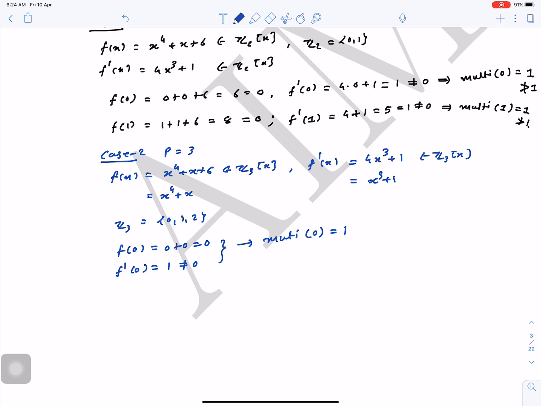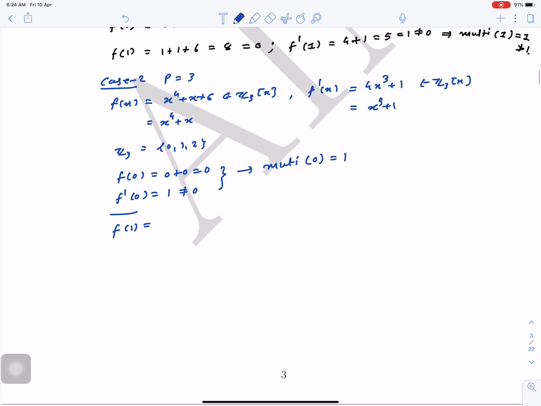Now f of 1 will be 1 plus 1, which is equal to 2, which is not equal to 0. So 1 is not a 0 of f(x), so there is no meaning to talk about the multiplicity of 1.